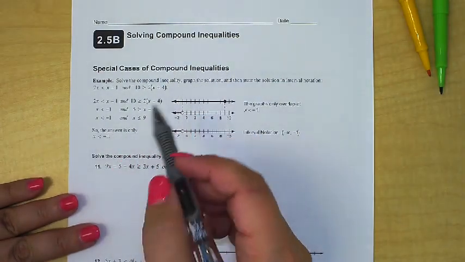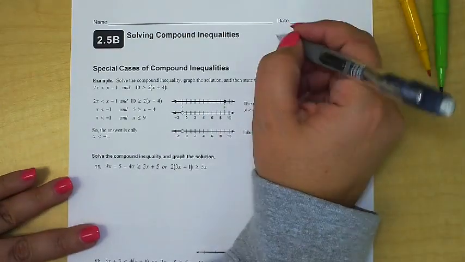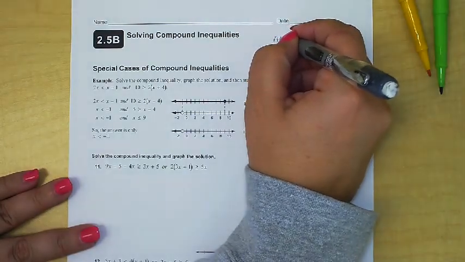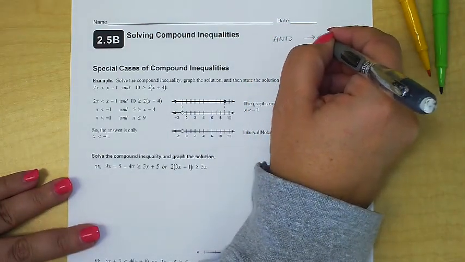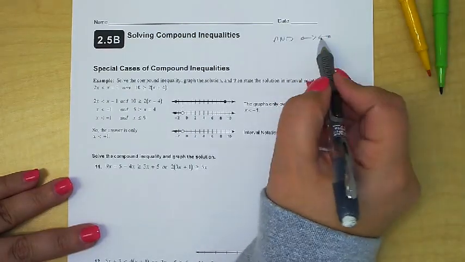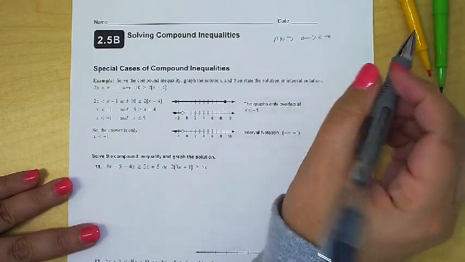Okay, so specifically, we're still talking about compound inequalities, but we're going to focus on what happens if we have special cases. Now, just as a quick review, initially I mentioned that typically, most of the time, when you have an AND statement, those guys are going to shade toward each other, and so they'll have endpoints, and the solution would just be the area or the space between them.